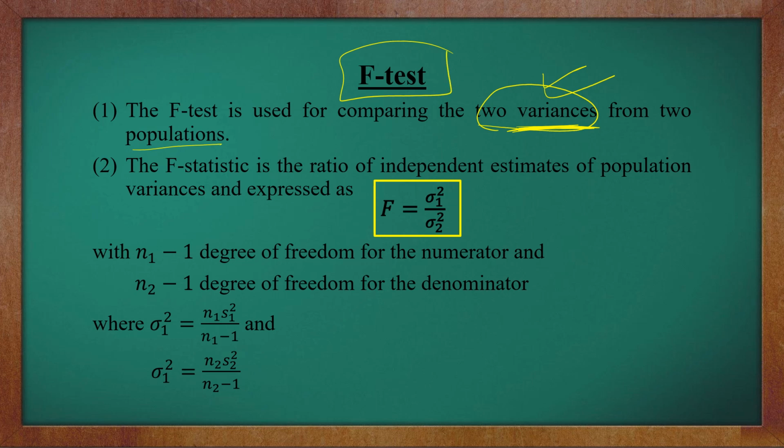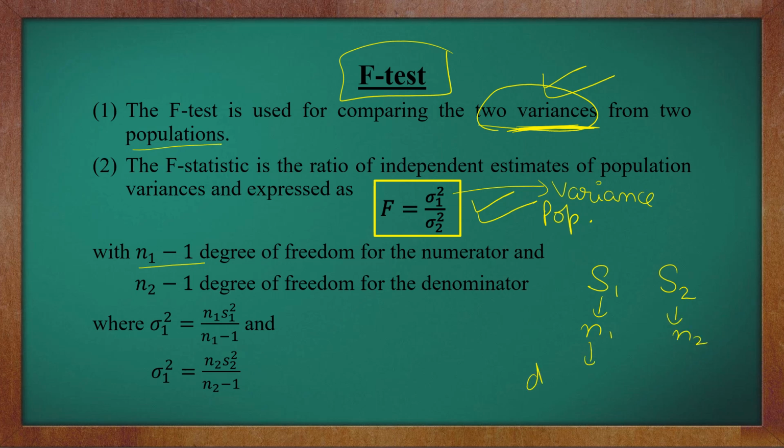And second, this is the formula for F statistic: sigma 1 square upon sigma 2 square. Sigma I have already discussed with you. This is a population variance. For sigma 1 square, the degree of freedom is n1 minus 1, because if we have two samples, obviously the first sample size is n1 and the second sample size is n2.